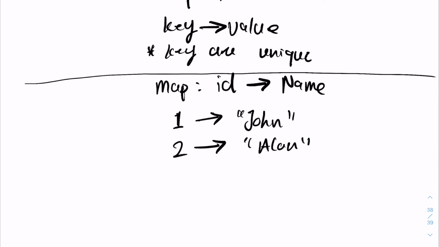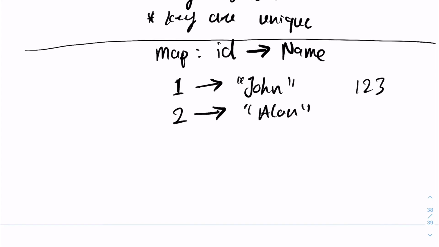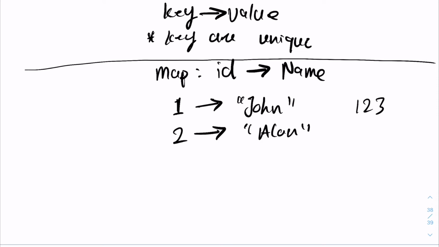And you could have 1 million employees in your company. Looking up the name of the employee with the ID 1 is always instant. Or you could look up whether a certain ID, for example the ID 123, exists in the map. So a map is crucial in a lot of different algorithms, and we'll be looking at how we could utilize a map in the two-sum problem.